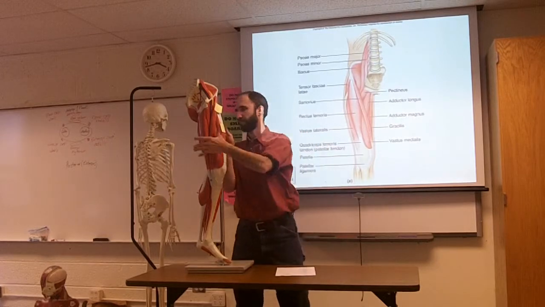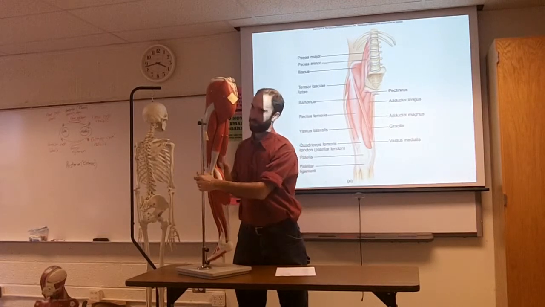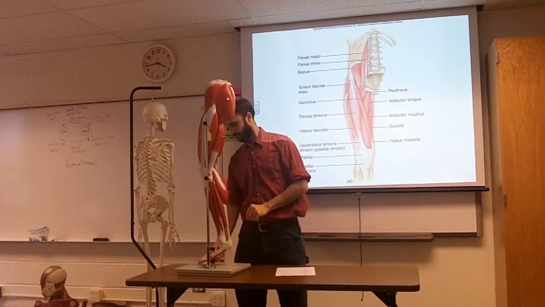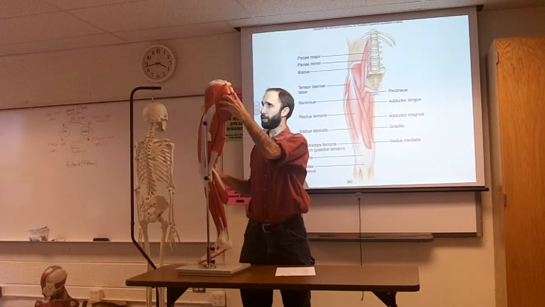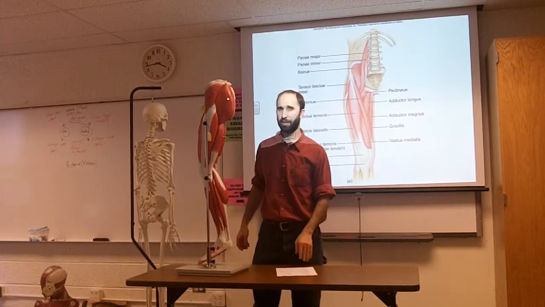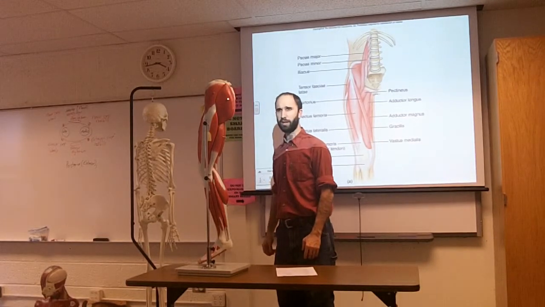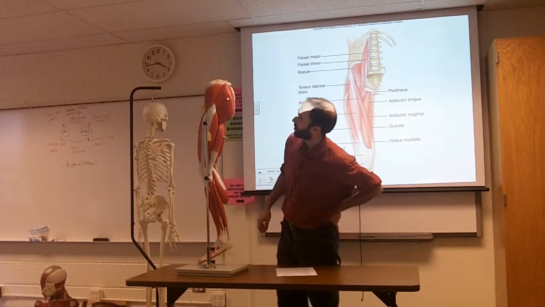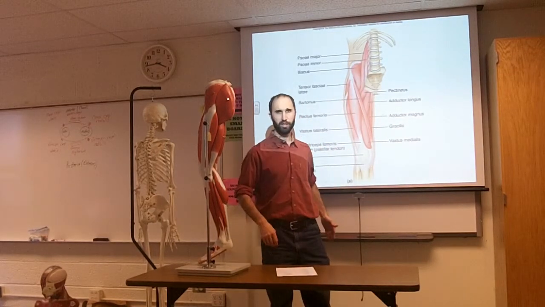Gluteus maximus, the next muscle here, is of course your butt muscle, labeled number 71 here. These are all from last semester. This is your gluteus maximus back here, and its major jobs are to extend the hip, and it also does some rotation. I believe it's lateral rotation of the hip, so it allows you to point your toe laterally.